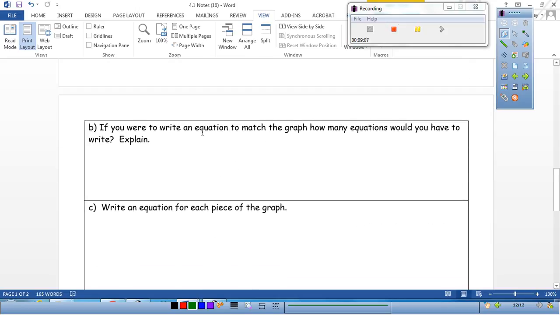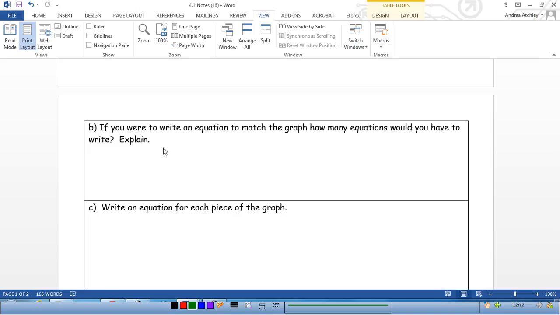Okay, if you were to write an equation to match the graph, how many different equations would you have to have? How many different linear equations would you have to have for that graph? Yes? 4 equations. You'd have to have 4 equations.